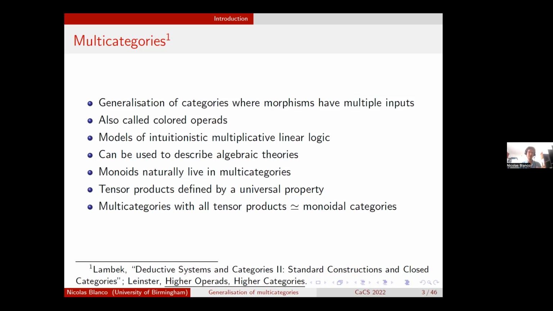And so they give a different perspective on tensor product than monoidal categories. Multi-categories with tensor product are equivalent to monoidal categories, and you have even two equivalences of 2-categories there. But they have a different flavor, where the tensor product is uniquely determined by the structure, while in monoidal categories, it's some extra structure that you put on your category.